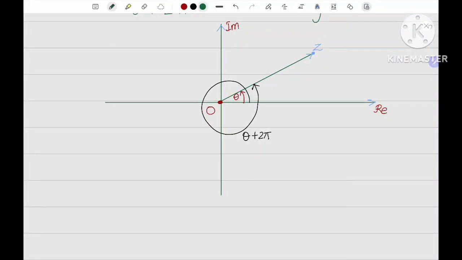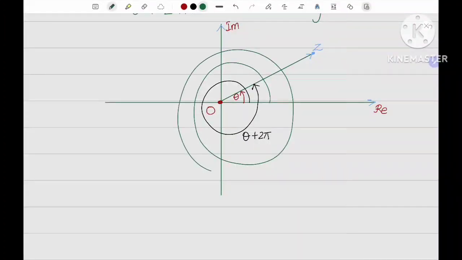Similarly, I can rotate this positive real axis by this angle, and then also I will reach the vector represented by this complex number, and this angle will be nothing but theta plus 2 into 2 pi, right?